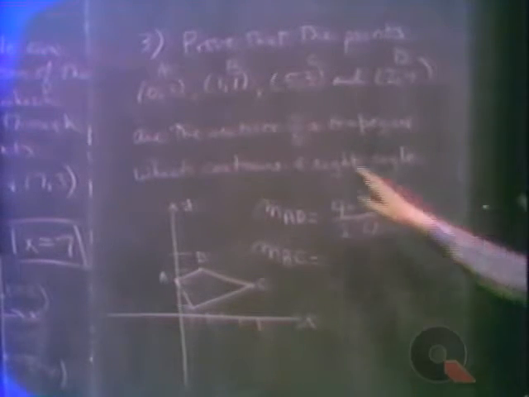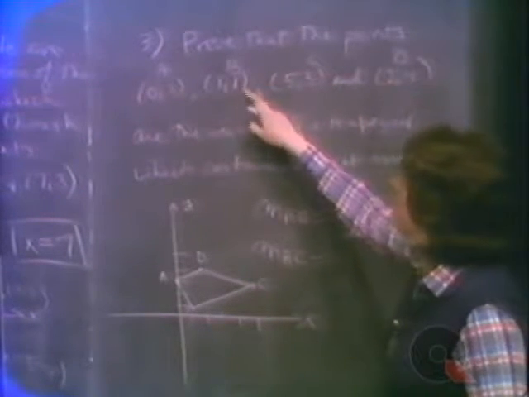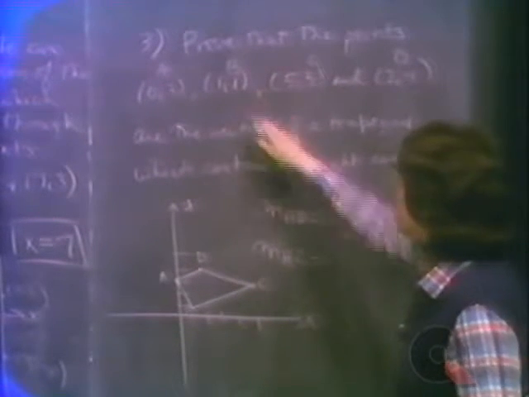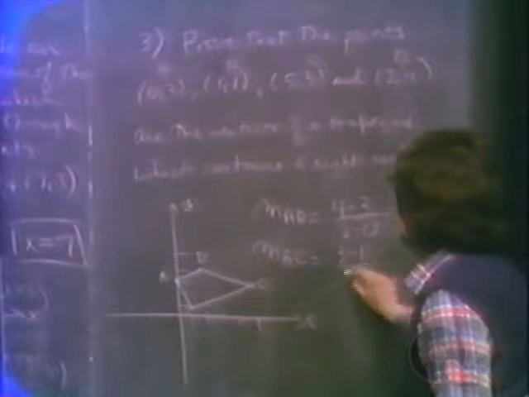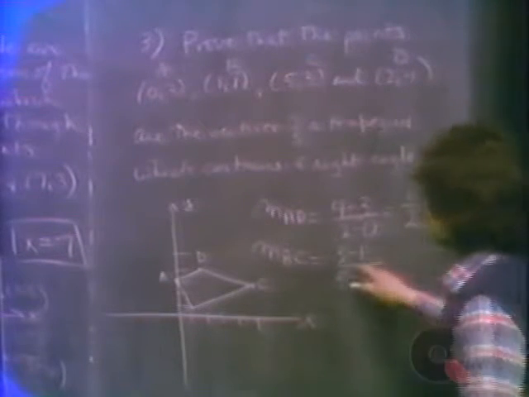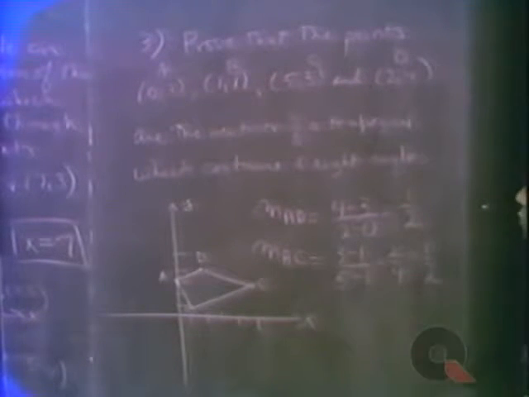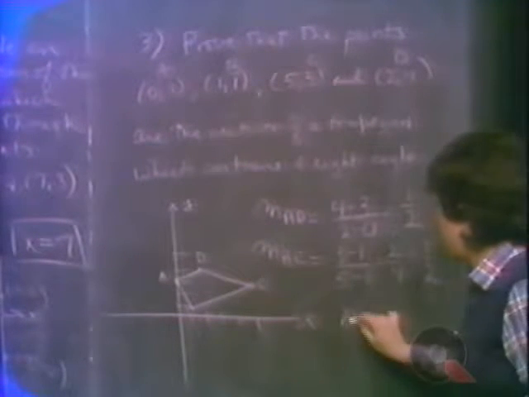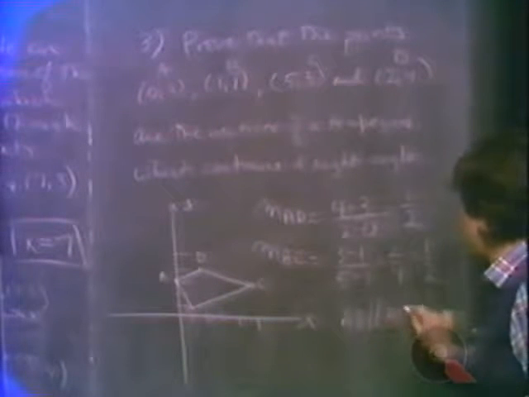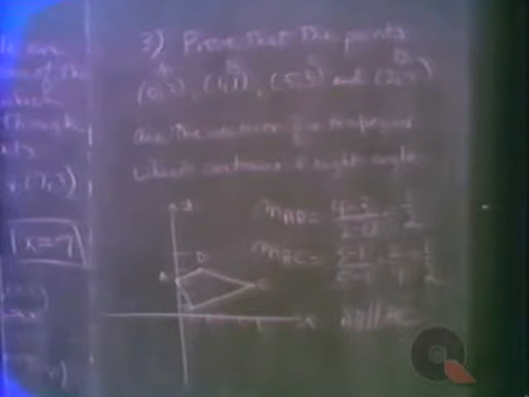Similarly for BC, 3 minus 1 over 5 minus 1. That's 2/4, also 1/2. So since the slopes are equal, AD must be parallel to BC. And therefore, ABCD is a trapezoid.